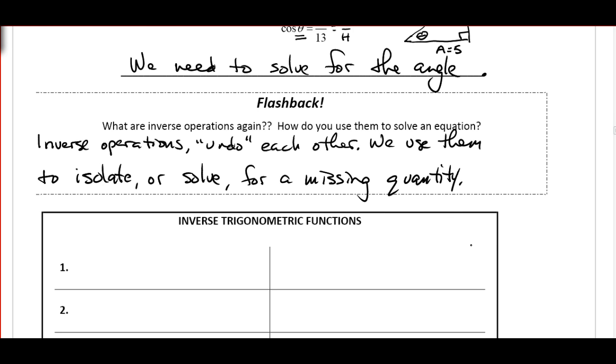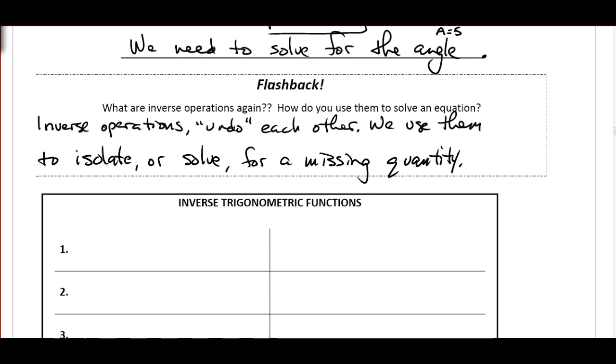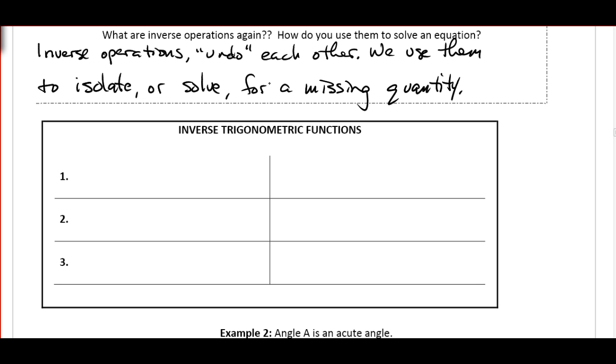In order to be able to solve this equation over here, we're going to need to know inverse operations for the trig functions. Our normal trig function of cosine, the inverse operation, we call it cosine inverse. Normally for addition, its inverse operation is subtraction.